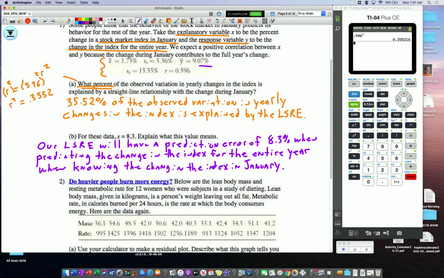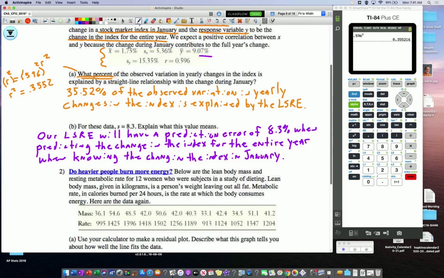All right, so that is our prediction error. That actually takes care of number one, pretty quick and simple.